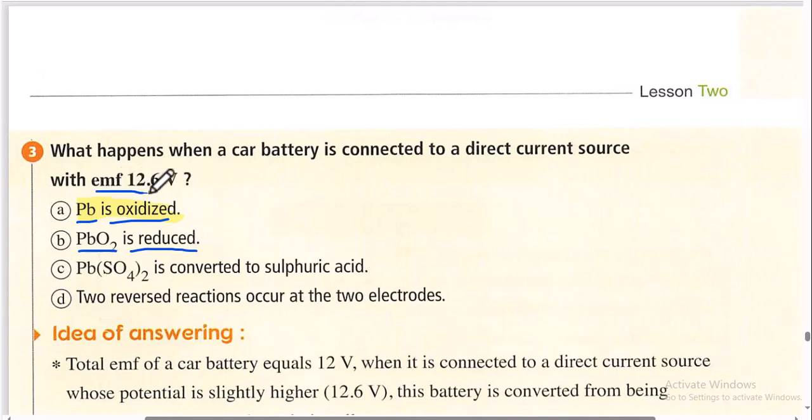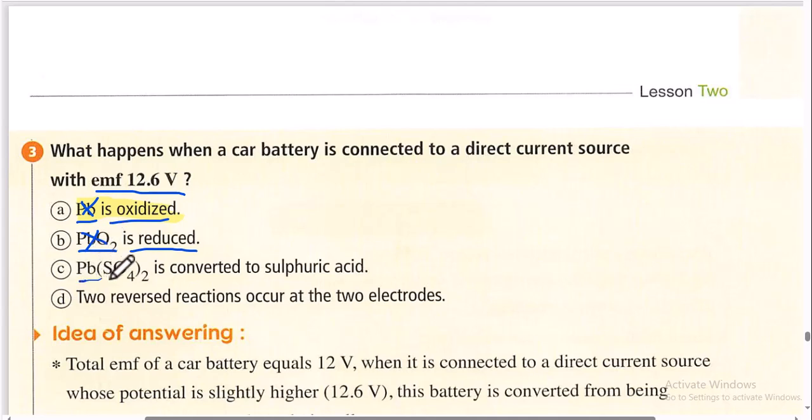Here it is connected to an outer source and acts as an electrolytic cell. So what really happens? The reaction happens to the lead sulfate, not to the lead and not to the lead dioxide. Lead sulfate is oxidized and reduced.